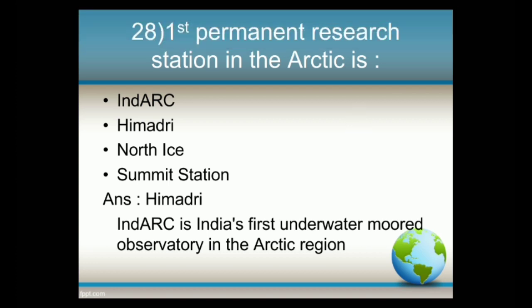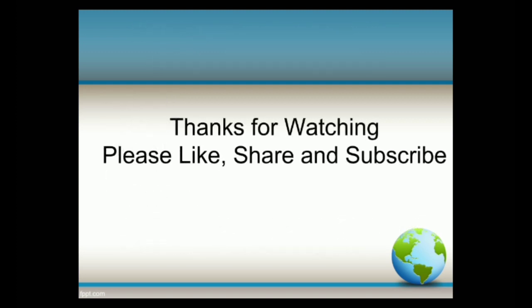Next question. First permanent research station in the Arctic is options Ind-Arc, Himadri, North Ice, Summit Station. And the answer is, already it's given here, Himadri. Ind-Arc is India's first underwater moored observatory in the Arctic region. Please remember this.